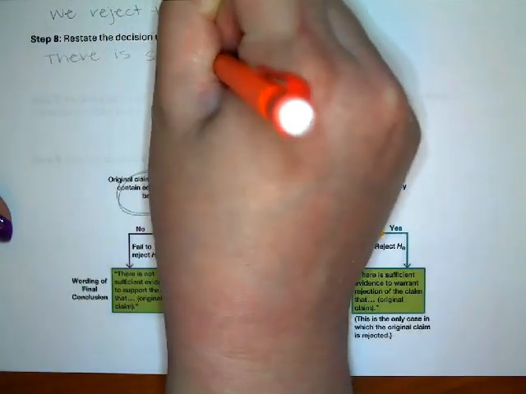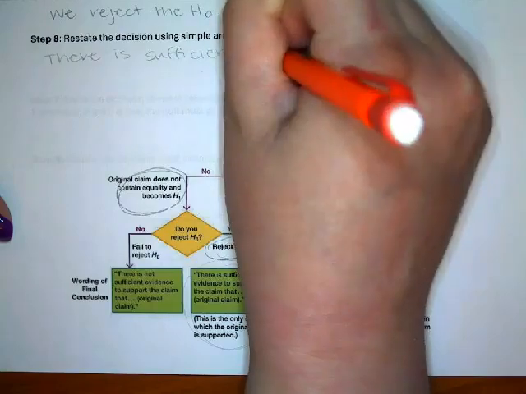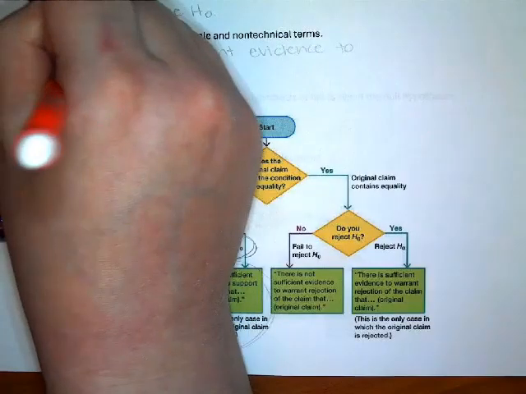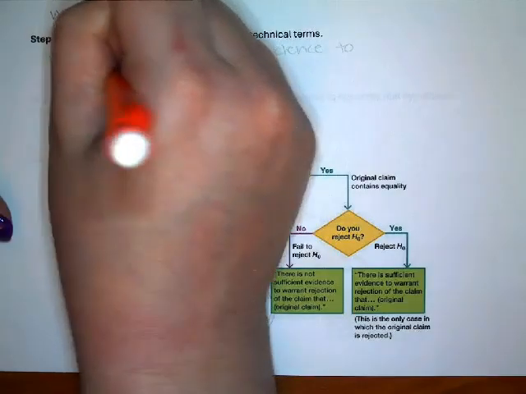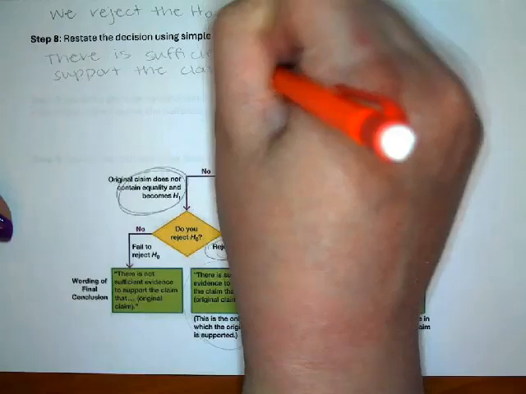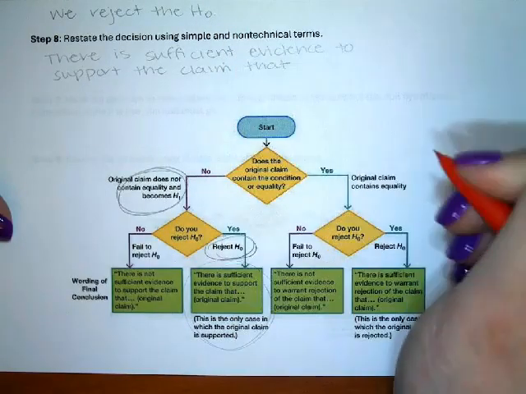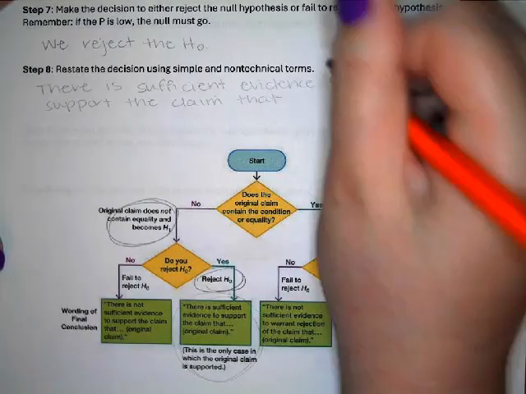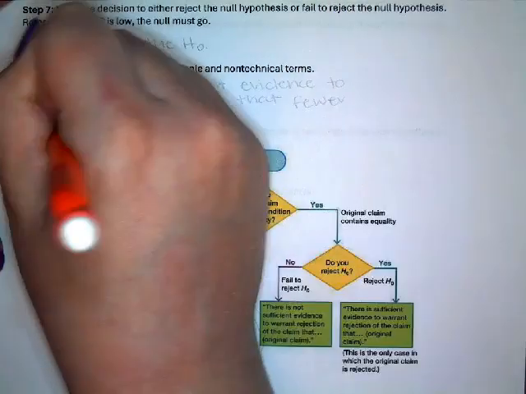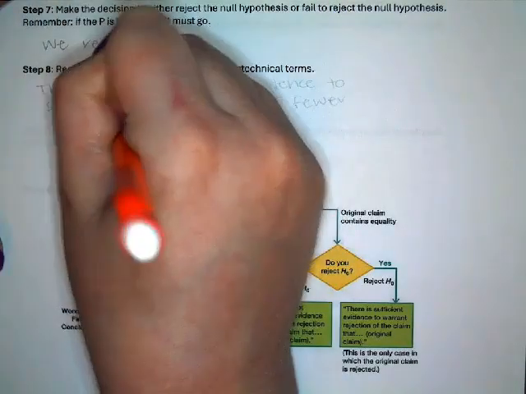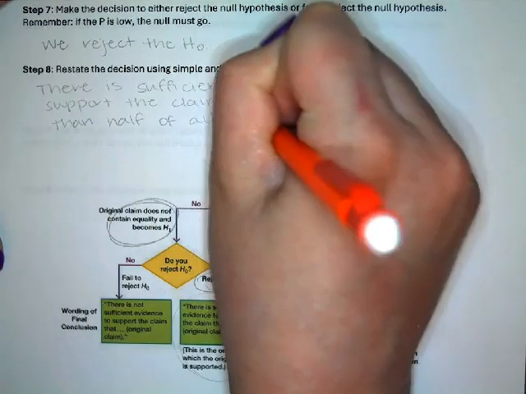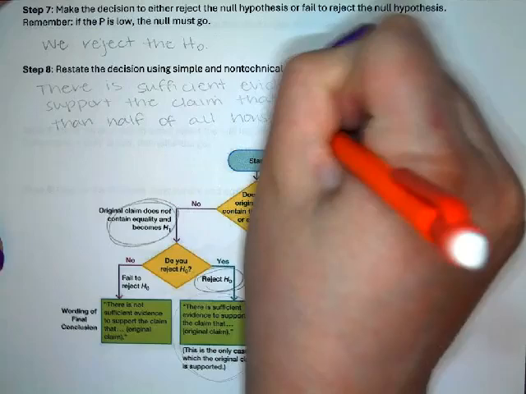There is sufficient evidence to support the claim that fewer than half of all households have a smart TV.